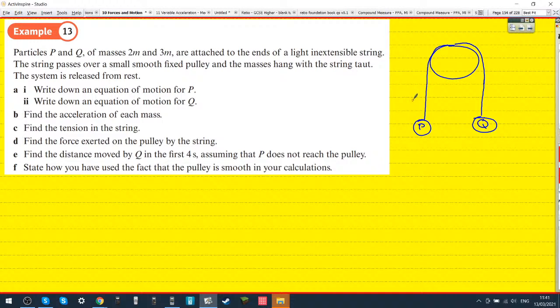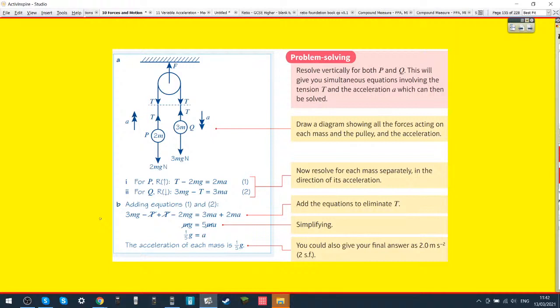I don't have an acceleration or anything. Doesn't seem like you could use a SUVAT one.